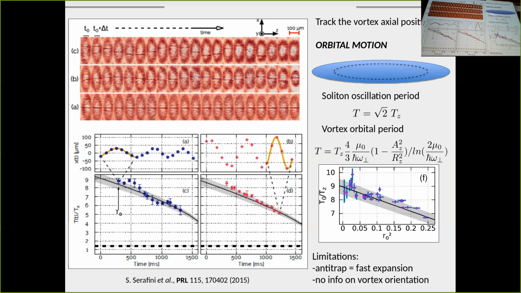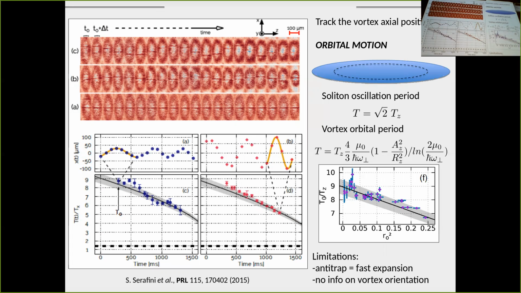Also in this case, vortices are expected to have orbital motion along orbits of constant chemical potential. The period of this orbit is essentially the same as what Martin showed yesterday. There are some small corrections that relate to the fact that we do not have a unitary Fermi gas but a Bose gas. But apart from that, it's exactly the same.